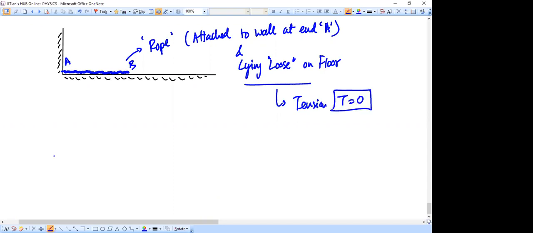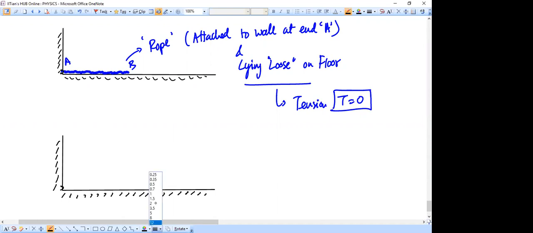But now, in the same situation, if I engage an external agent to start pulling the end B of the rope, so now what is happening? The end A is attached to the wall over here like this with something like a hook.